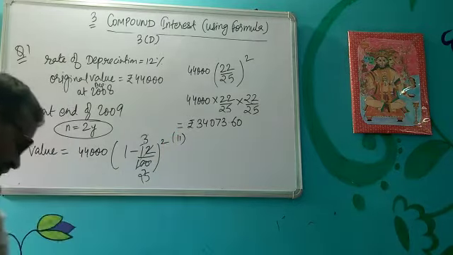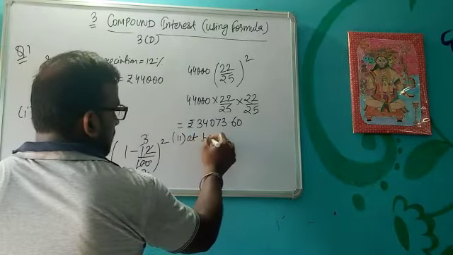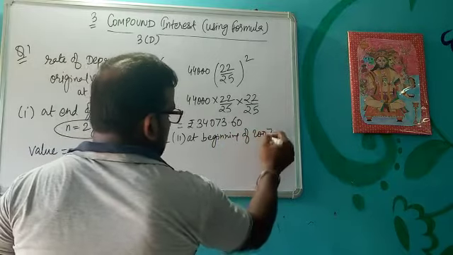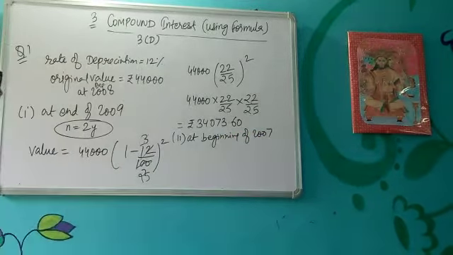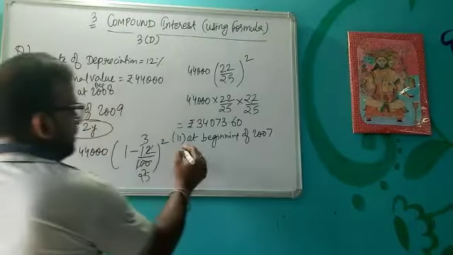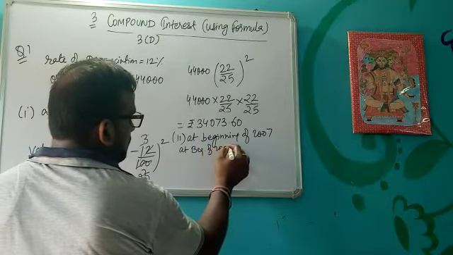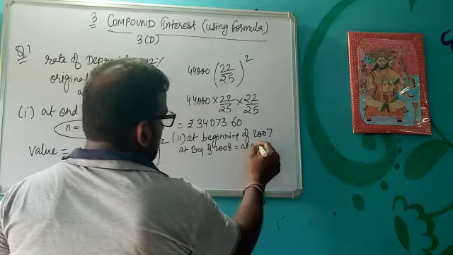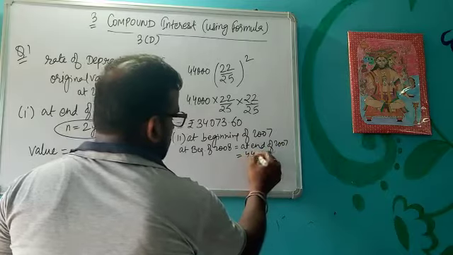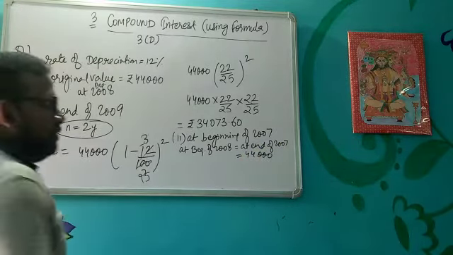Then in the second part it is asked: the value at the beginning of 2007. The value at the beginning of 2008 is equal to the value at the end of 2007, and it is 44,000. So we have to calculate the value at the beginning of 2007.